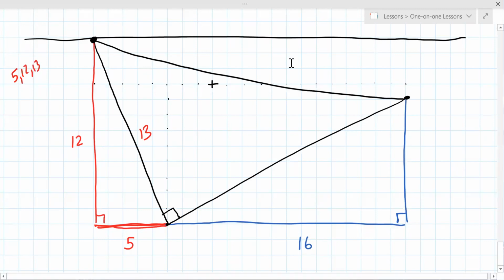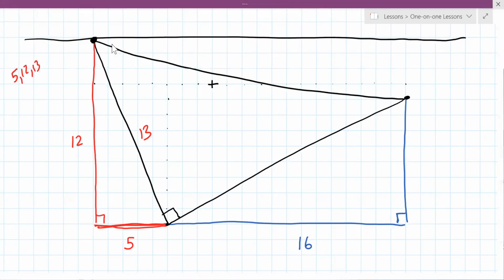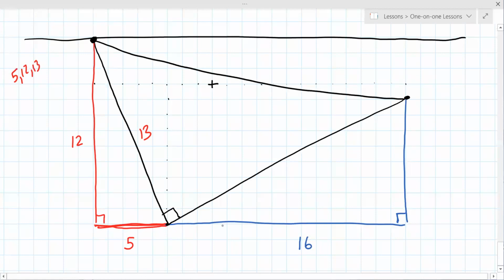So we're over here on this other one. It's 16 across, and then vertically it's 8. So I want you to find the third side here again, please.